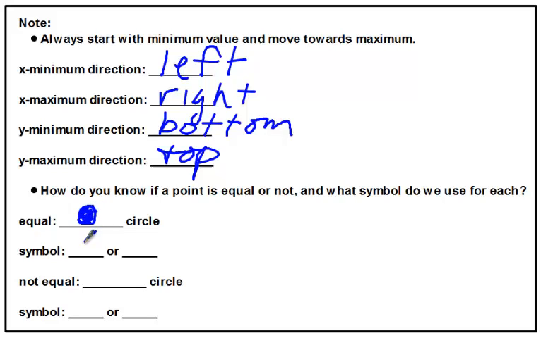The symbols that we may use are less than or equal to, or greater than or equal to. If it is not equal, it will be a hollow circle, and the symbol that we will use for that is less than or greater than, without the lines underneath to specify that it is equal.